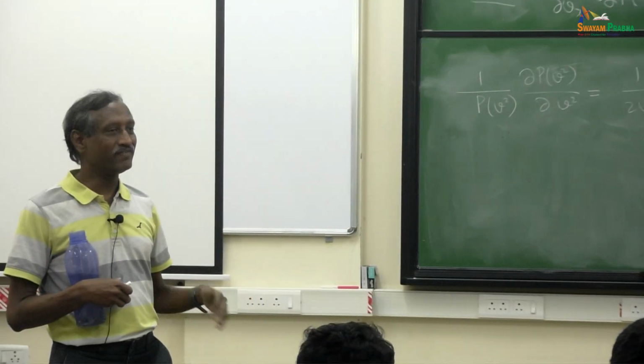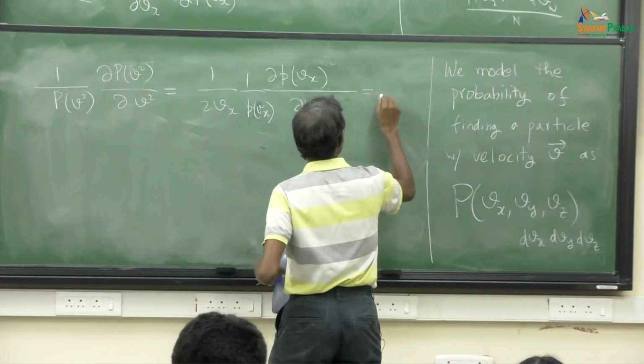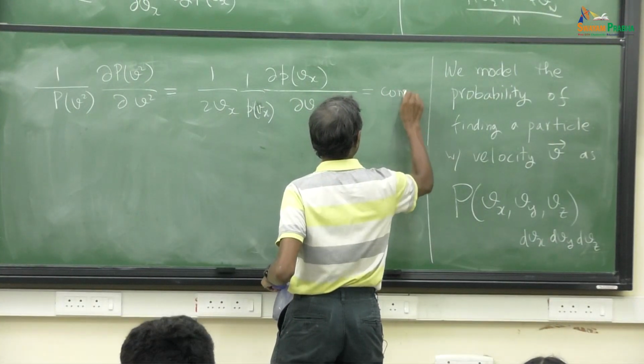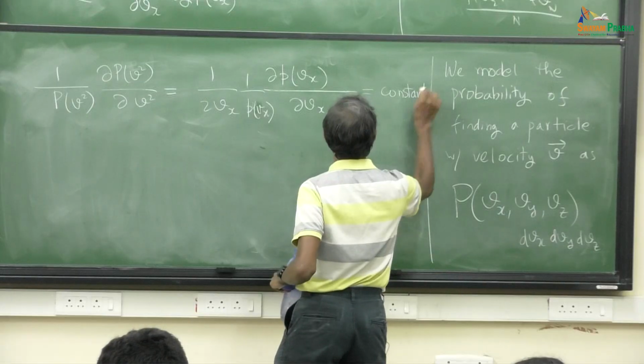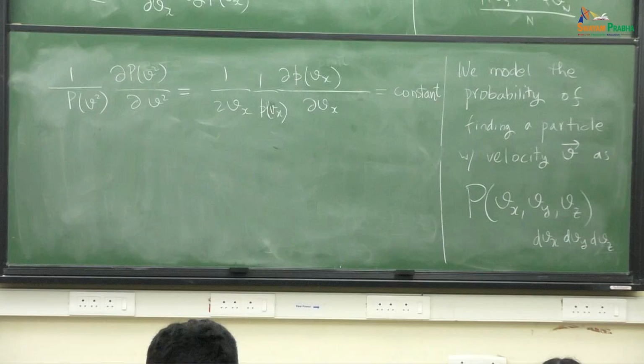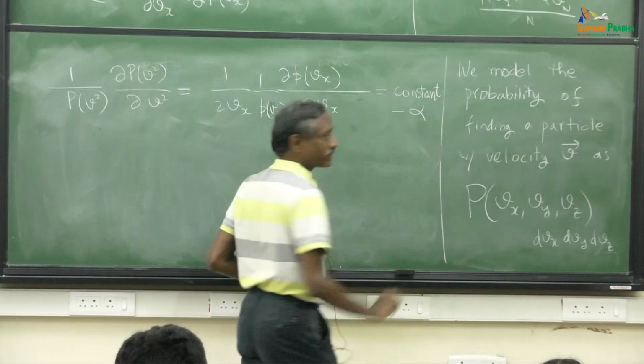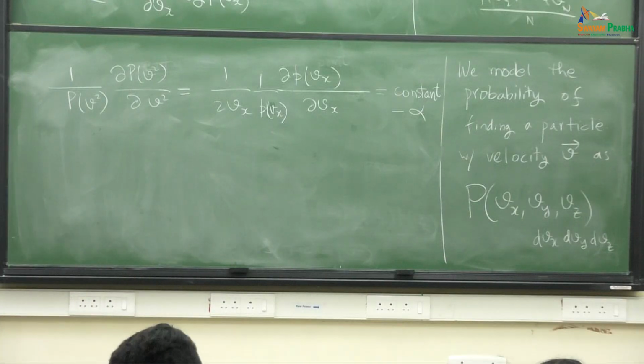So the only way it's possible is if this is equal to some constant. Both are equal to constant. Okay, and let me call that constant minus alpha. Can you people work out what it implies?